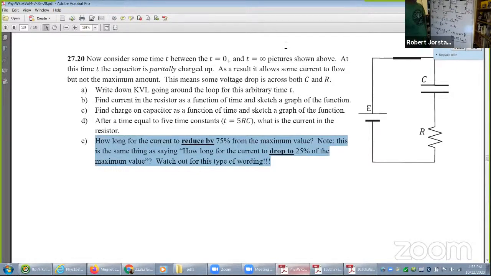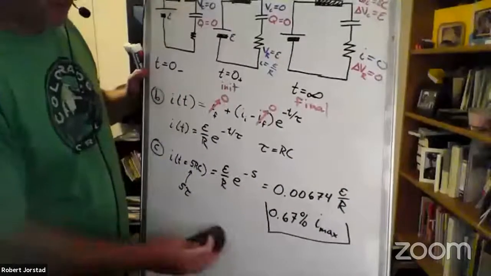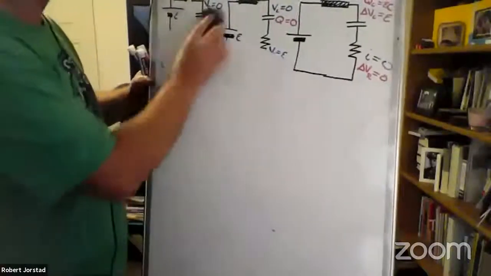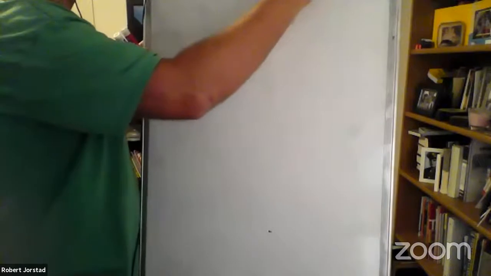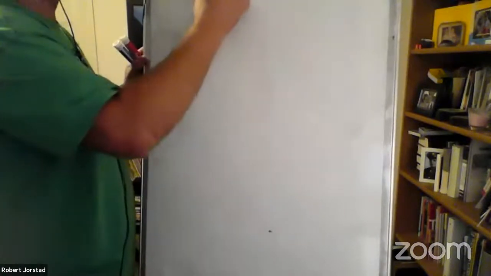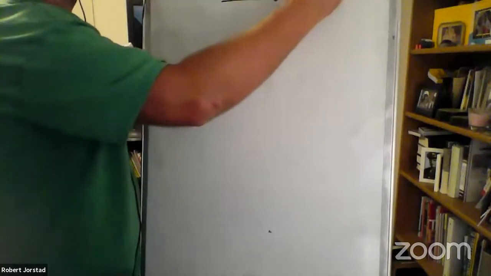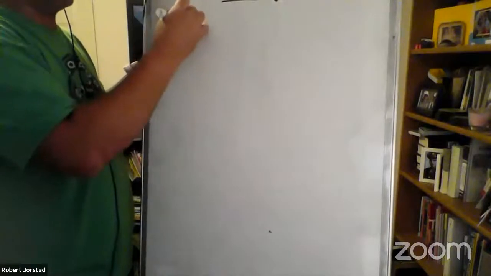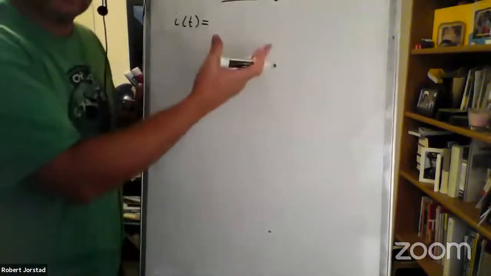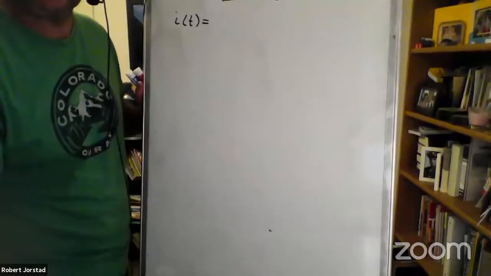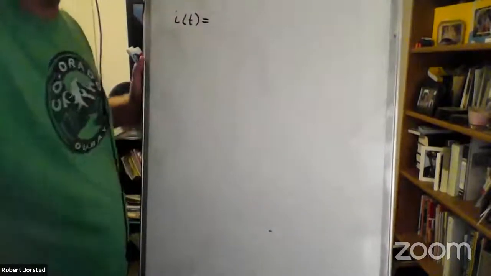Okay. I'm going to go to the board here, and I'm running out of room, so I'm going to start over here. This is part E. Time for current to reduce by 75%. Well, isn't that the same thing as saying I as a function of time is equal to what? Someone just put it in the chat. Yes, exactly, Corey.